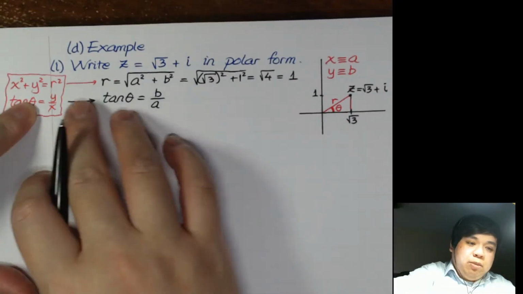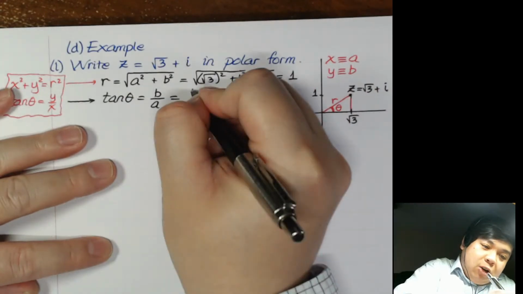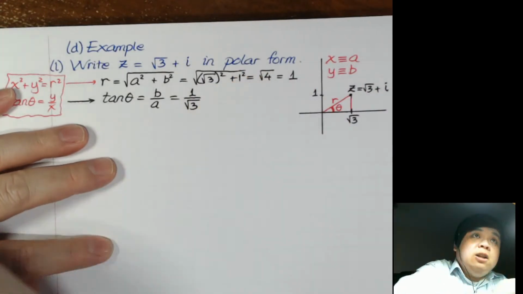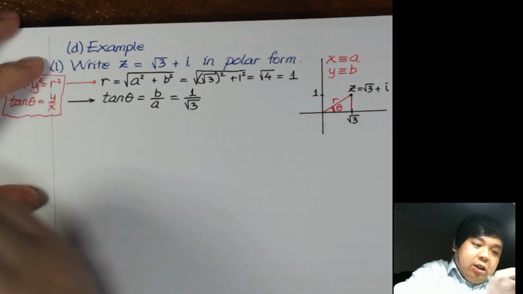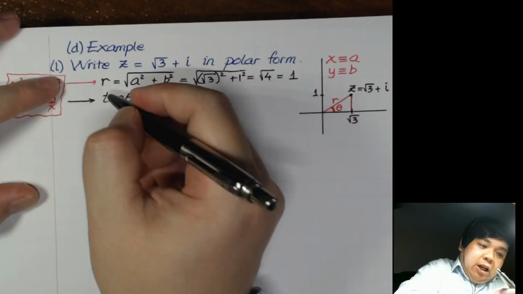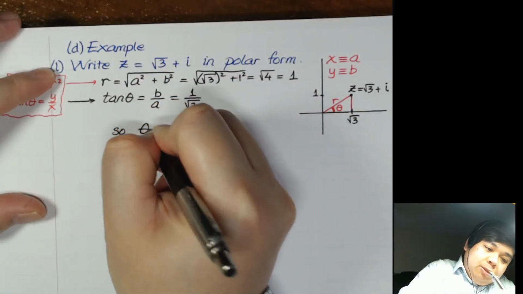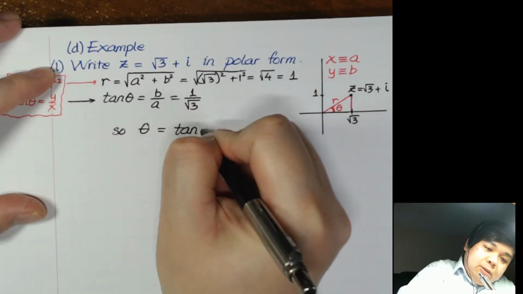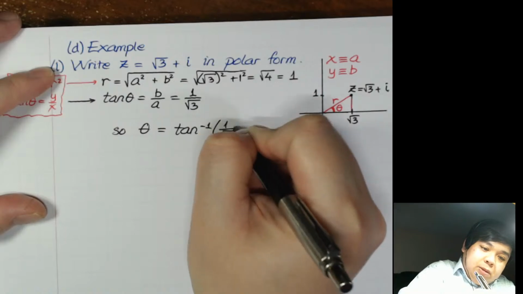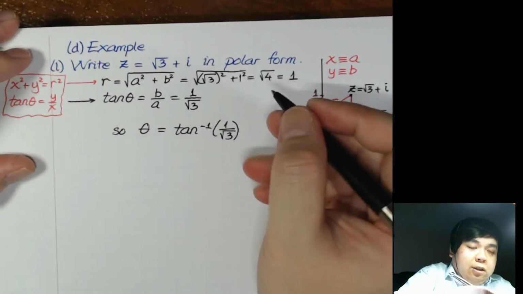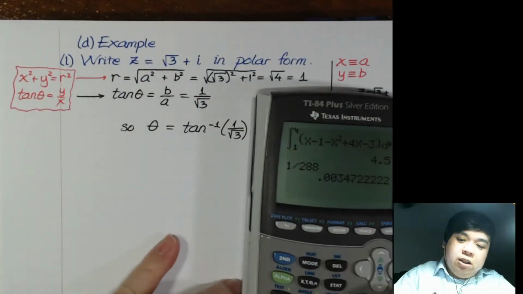Instead of that, we use a and b. Right, b is the imaginary part, and the square root of 3 is the real part. So tangent is equal to 1 over the square root of 3 to get the angle. Okay, so the calculator is in degree mode.